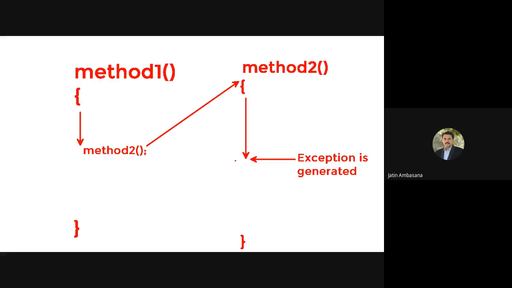The control will be thrown back from here to the calling method, so the calling method should handle this exception. It is better to handle the exception over here only, so that you can continue your execution. If that is not possible, then you declare that this method can throw an exception.